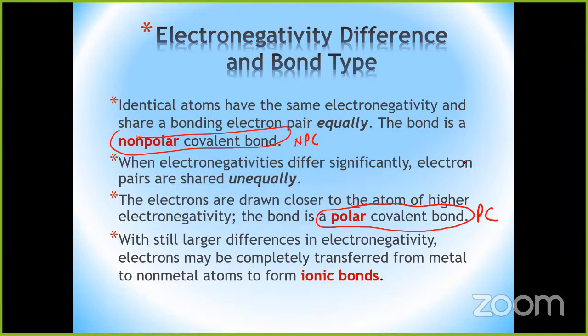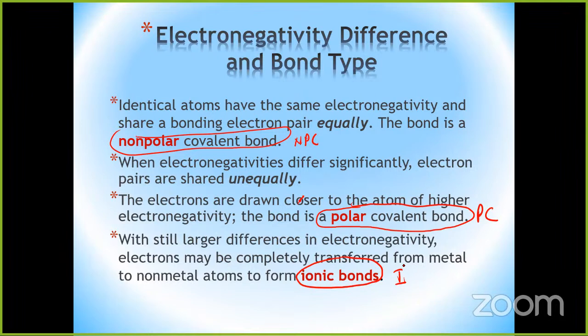Now, if the electronegativity difference is very large, so large that you have a complete transfer of electrons from one atom, the less electronegative atom, to the more electronegative atom, then we're talking about an ionic bond. I'm just going to use I here to represent an ionic bond.